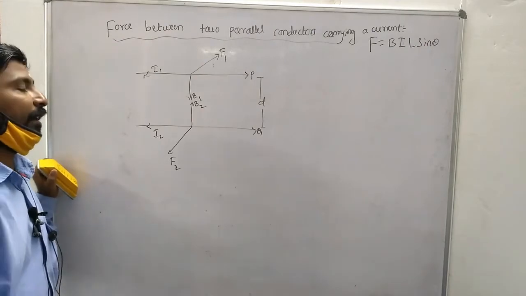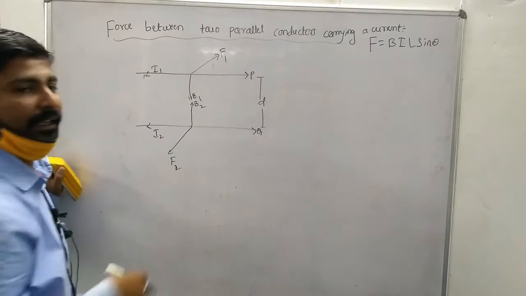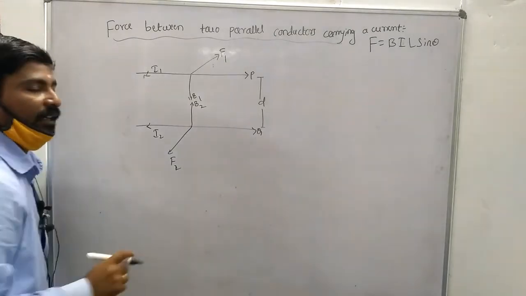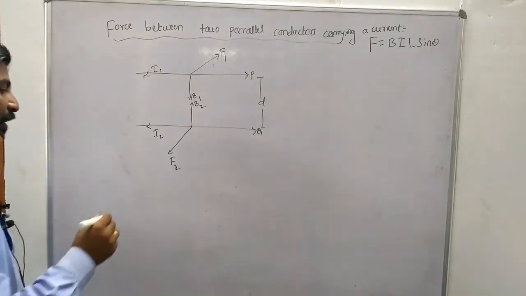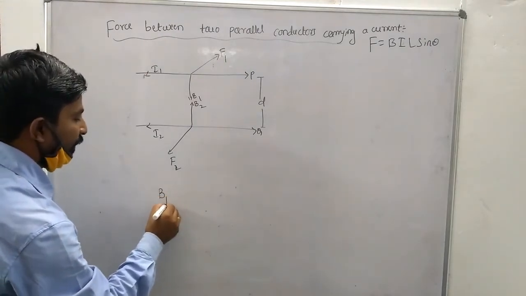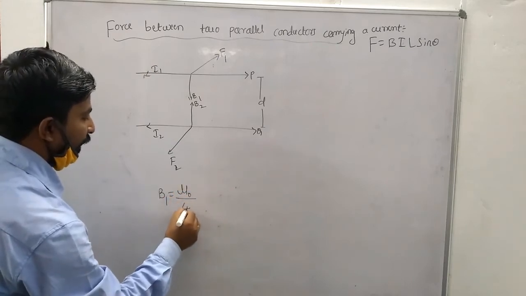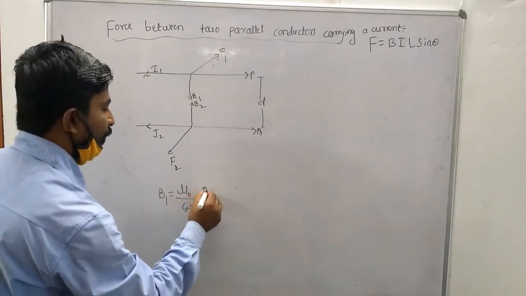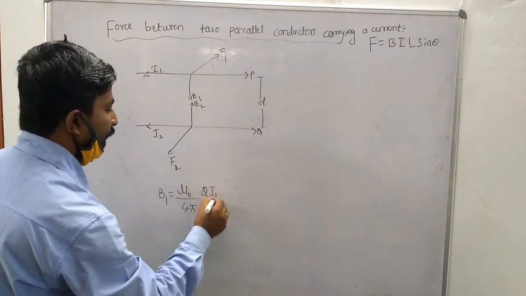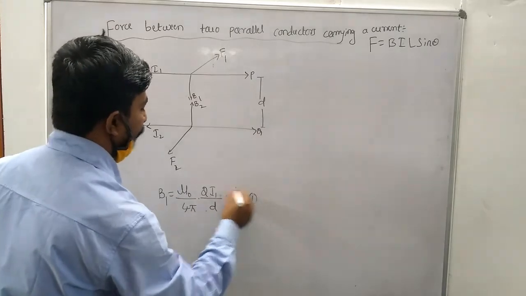So the magnetic field B1 due to the conductor P at the site of the second conductor Q is given by B1 is equal to mu naught divided by 4 pi into 2 I1 divided by D. So this is equation number 1.